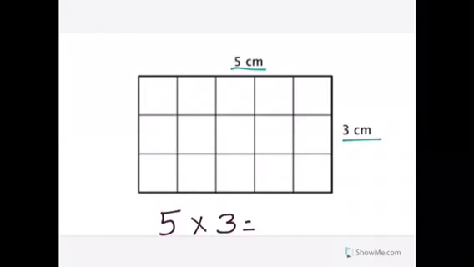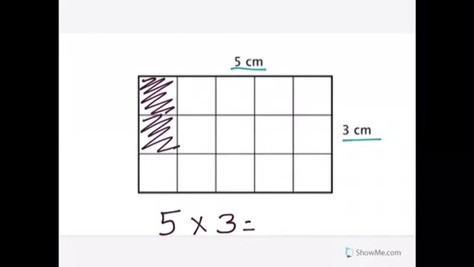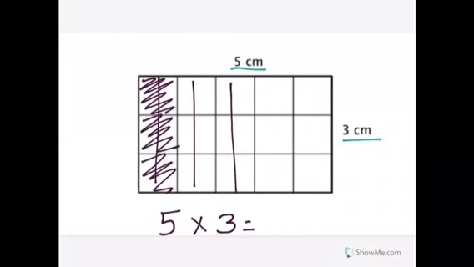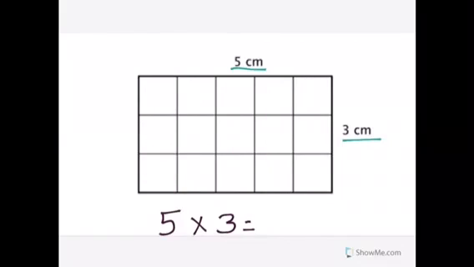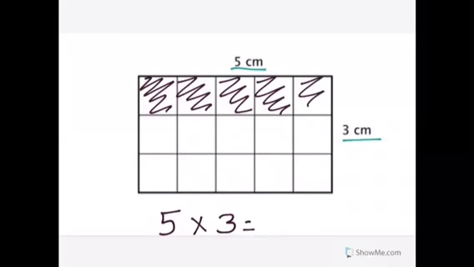To solve it, I can simply count the squares. So let's see. We have 1, 2, 3. So I have columns with 3, so I could count by 3s. 3, 6, 9, 12, 15. I could also look at it by the rows, and I know that I have 1, 2, 3, 4, 5 squares in one row.